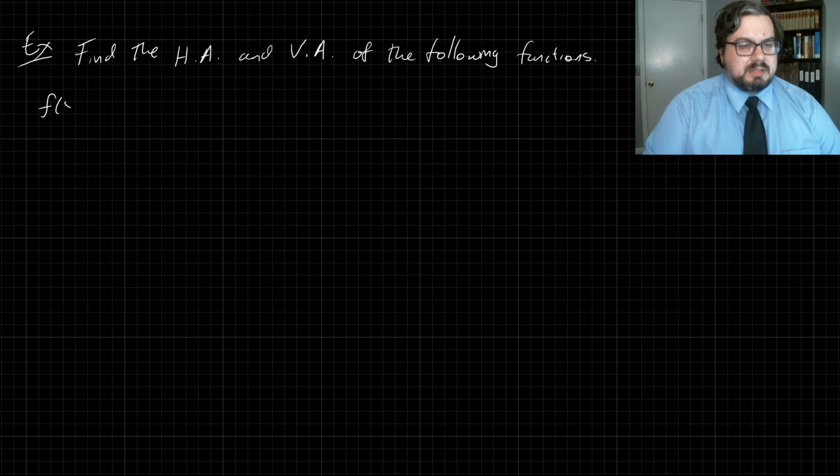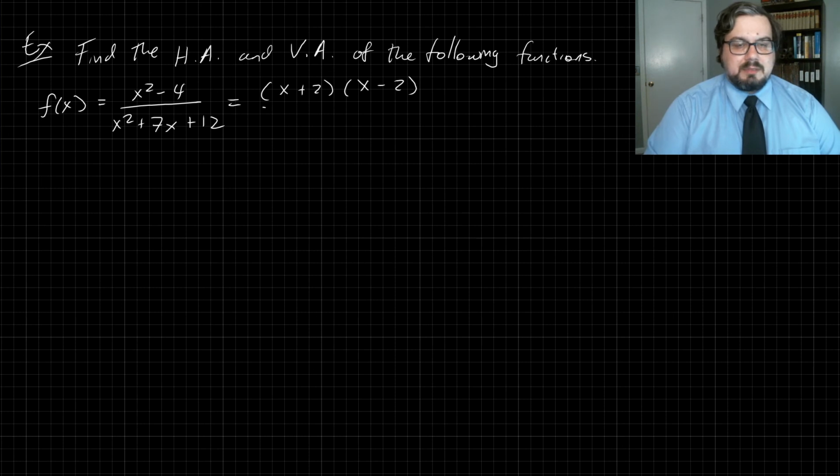So first, let's look at the function f of x equals x squared minus 4 over x squared plus 7x plus 12. This is the one that we looked at the beginning, and we factored it in the following way.